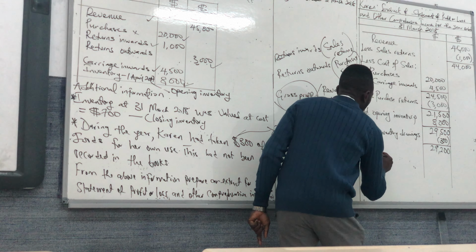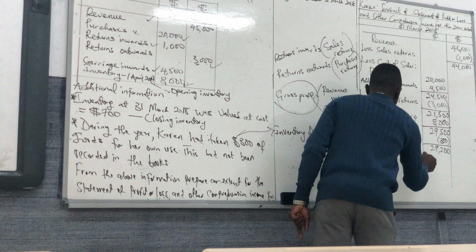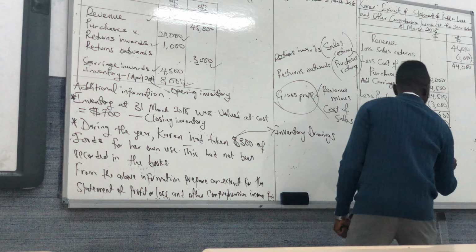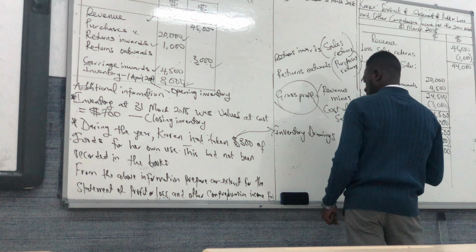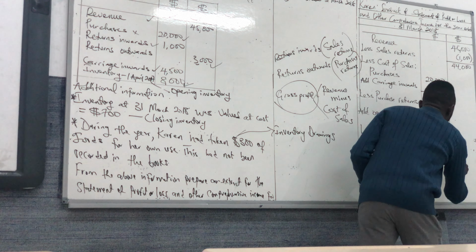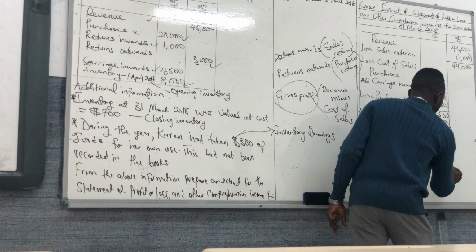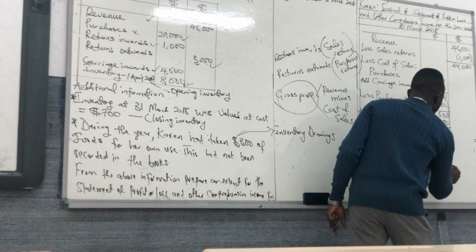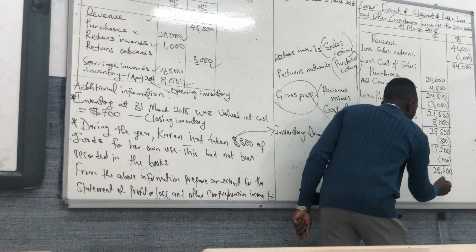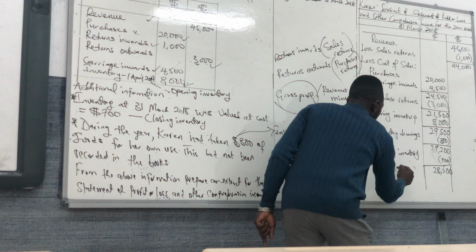Then we have our closing inventory. Less closing inventory, which is amount 700. This gives 28,500. So from here, this becomes our cost of sales.